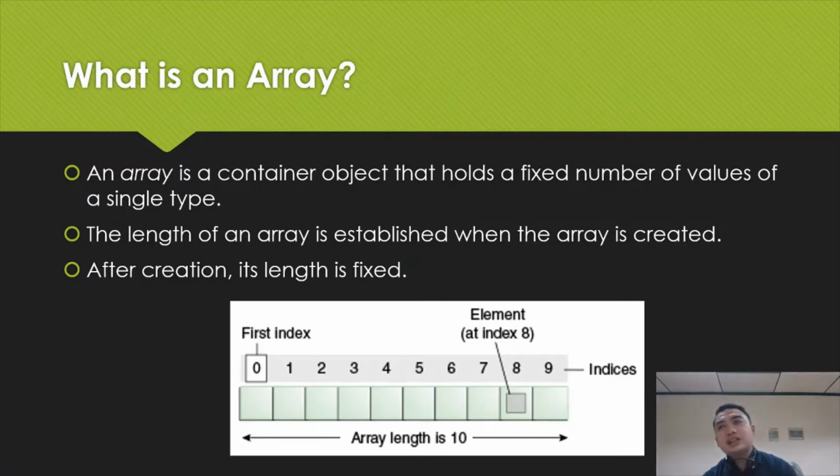The starting index is always 0, up to the length minus 1 index. For example, if there are 10 contiguous blocks of memory, the first index is 0 and the last index is 9. Each contiguous block of memory can contain elements. These are values of the same data type which you can store in the array.